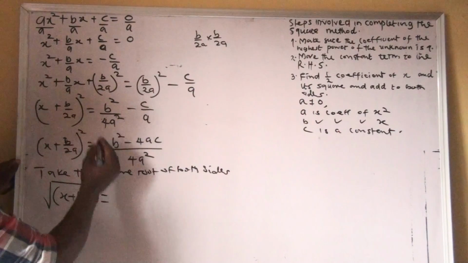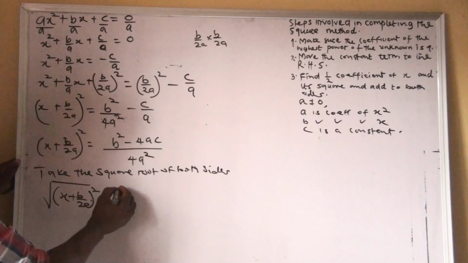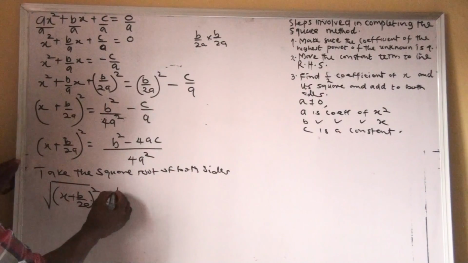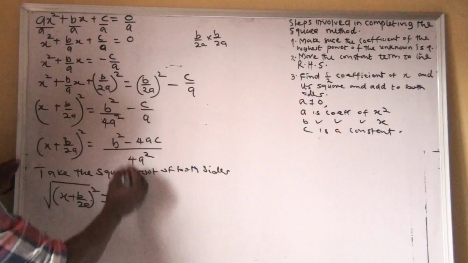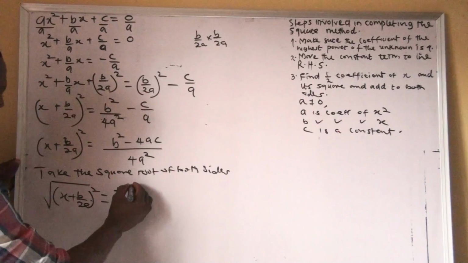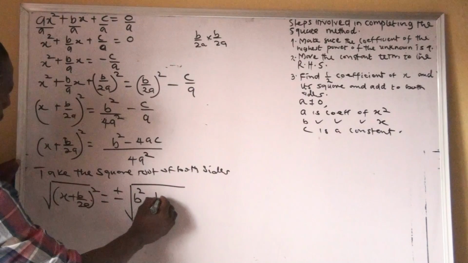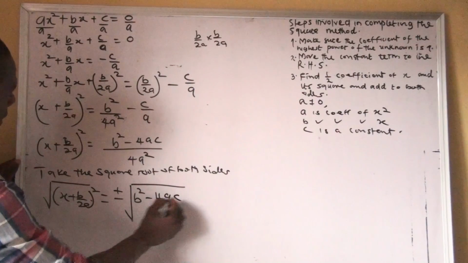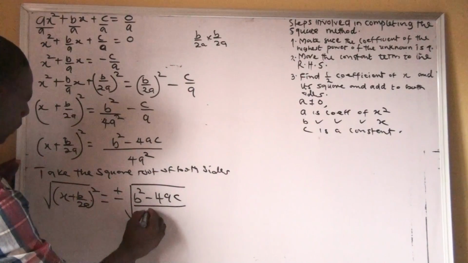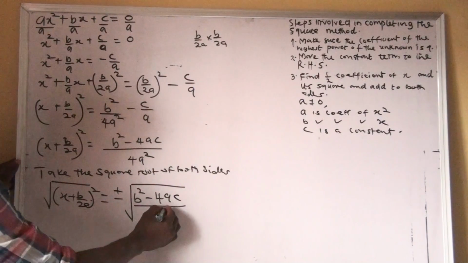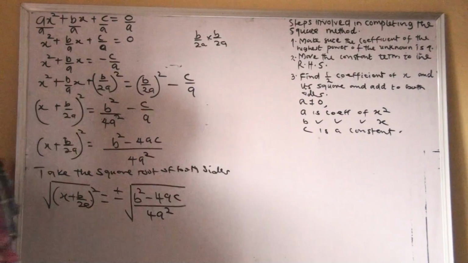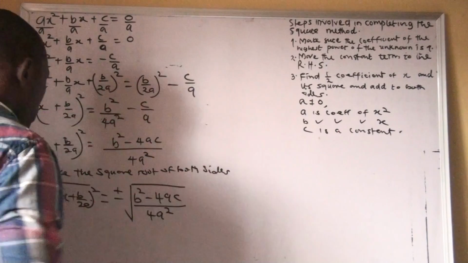Here, if we are taking the square root of both sides, it's going to give us two values, which is plus or minus. Okay, square root of all the term here, which is b squared minus 4ac all over 4a squared.